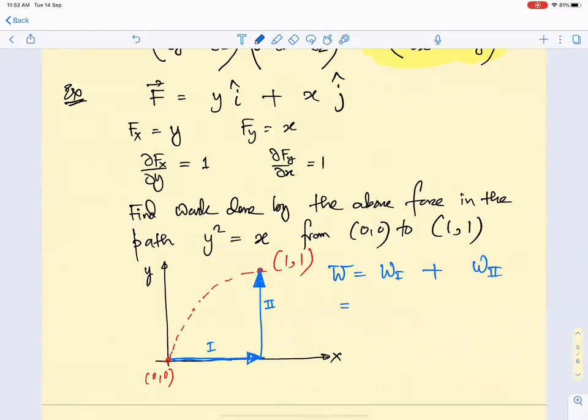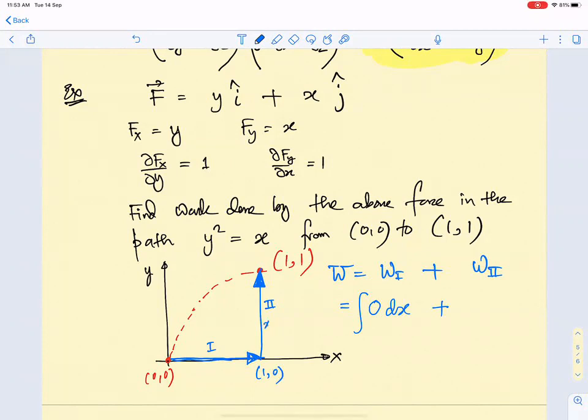So for path 1, only fx will matter. What is fx along path 1? fx equal to y, so 0 times dx. So that will be 0 plus, fy is equal to x.